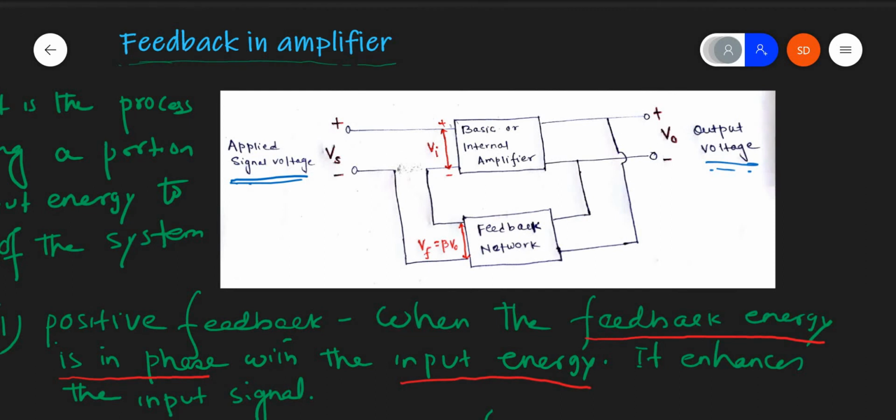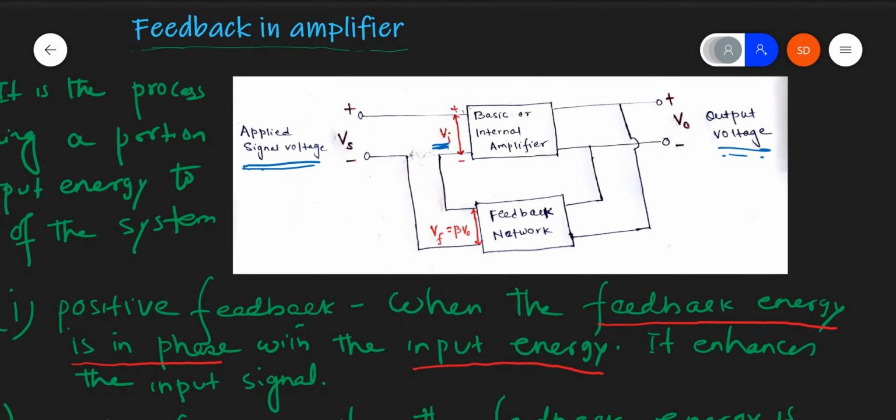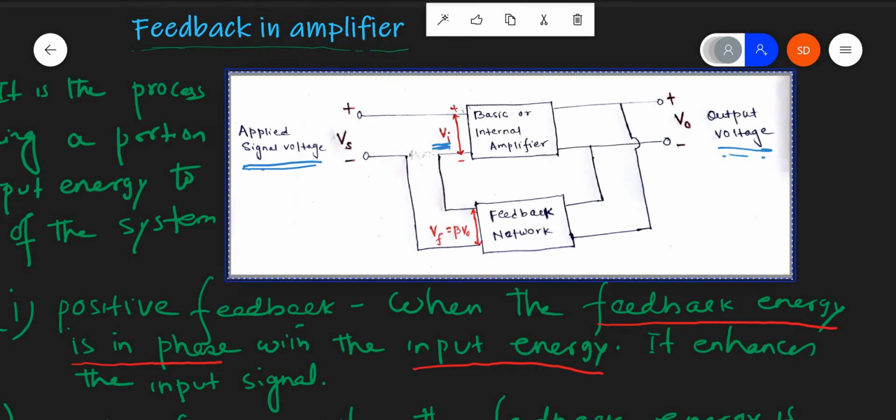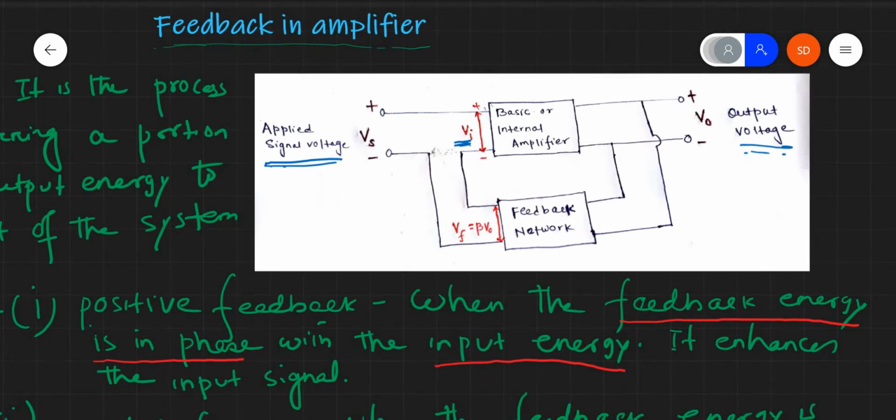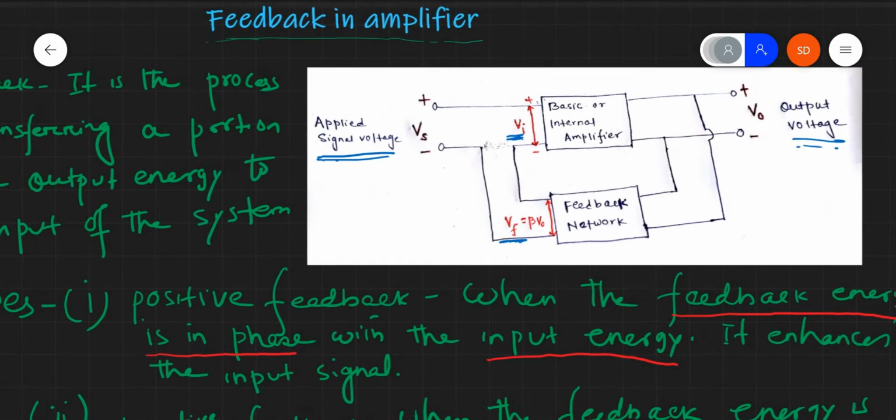Vi is the input to the amplifier. Remember always one thing, this negative feedback is applied to the amplifier. Vf is the feedback voltage. Vf is equal to beta times V naught. So let me derive it.